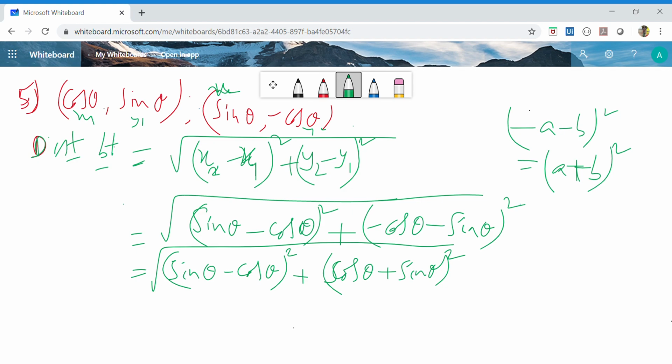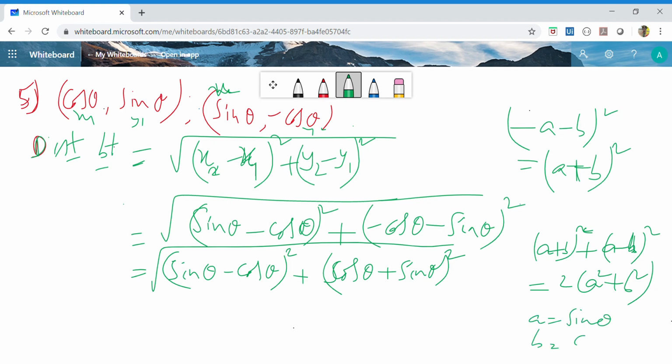So here it is in the form of (a plus b) whole square plus (a minus b) whole square. Its value is 2 of (a square plus b square), where a is sin theta and b is cos theta. A plus b or b plus a are both the same, commutative property.